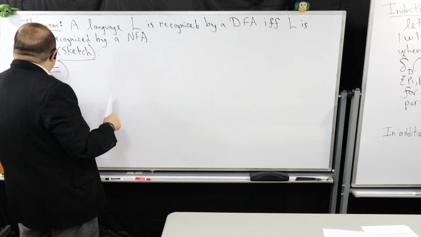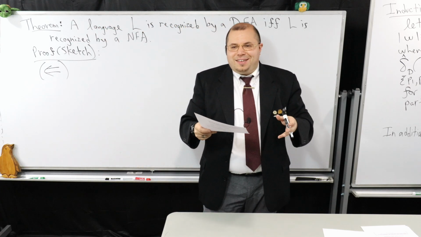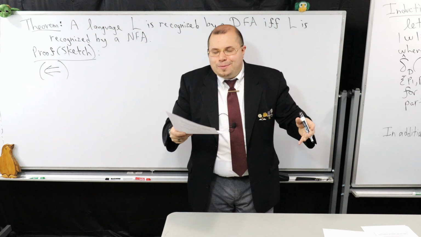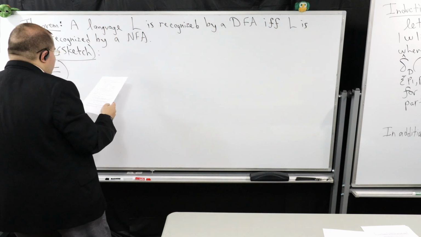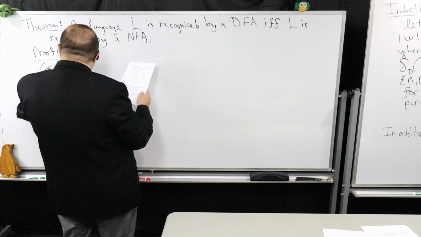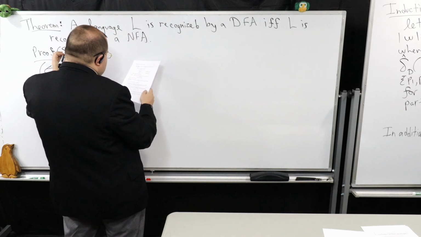Because this is a rather sophisticated claim, it's not just like, oh, this is equal to that thing. It's a little bit more complicated, so you have to be more careful. You have to prove both directions here. So this direction, proving the NFA to a DFA part, we already did.